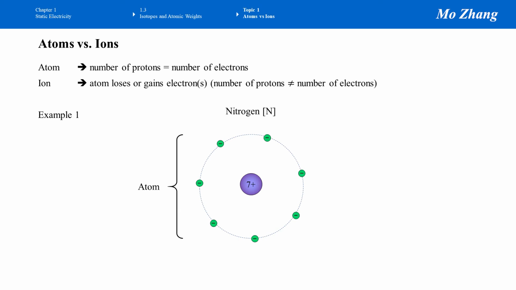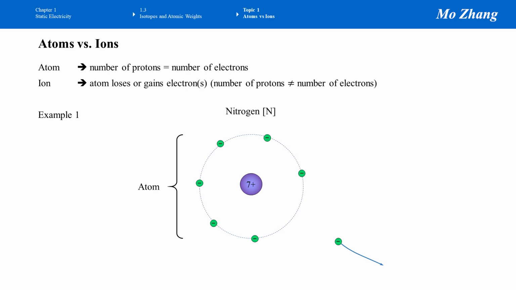Now let's try to remove 1 electron from this nitrogen atom. We can either shine some laser beam onto this electron, let it energize and vibrate so it can eventually leave the system, or we can apply some heat. Again, this electron is going to vibrate until it reaches a point and leaves the system. Now 1 electron has left and 6 electrons remain.